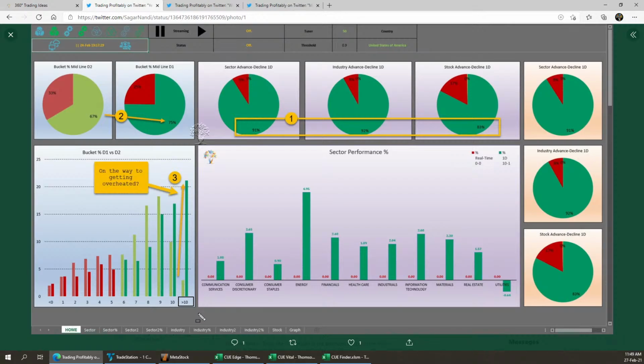What are these buckets? If you think of a stock moving inside its natural range, every stock has its own natural range based on statistical calculations of standard deviation. A stock is at the highest bucket when it is above the natural range.